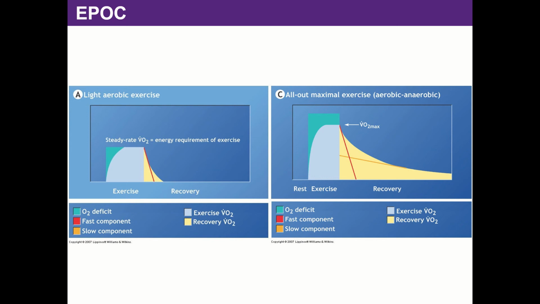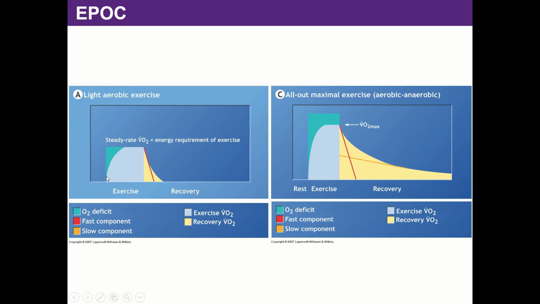And so what they do then is they can use that anaerobic system kind of like a credit card. So they can generate energy before they get the oxygen to actually produce the energy. They're spending before they get the paycheck, if you will, the paycheck being the oxygen in this example. And so what we're doing there then is we're running up a deficit. And so this green area here is that oxygen deficit.